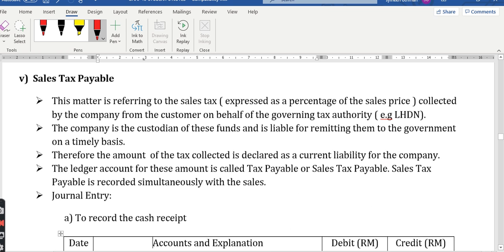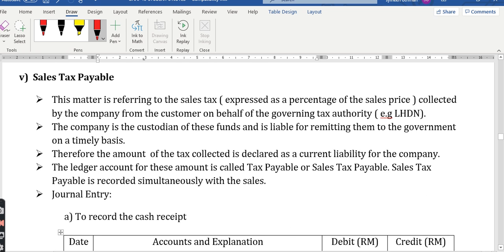Next, we go to sales tax payable. Sales tax is normally expressed in a percentage form, and it is collected by the company from the customer. But the sales tax is not meant for the company. It is actually the amount that the company is collecting on behalf of the governing tax authority.